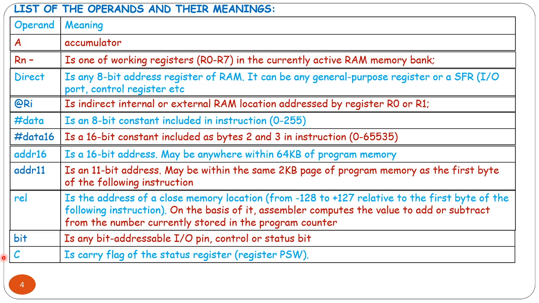Among that, the carry flag is one, and that will be along with the operand side along with the operation code of the instruction. So these are the list of the operands and their meanings. We use these operands at the time of instruction set explanations or various instruction explanations.